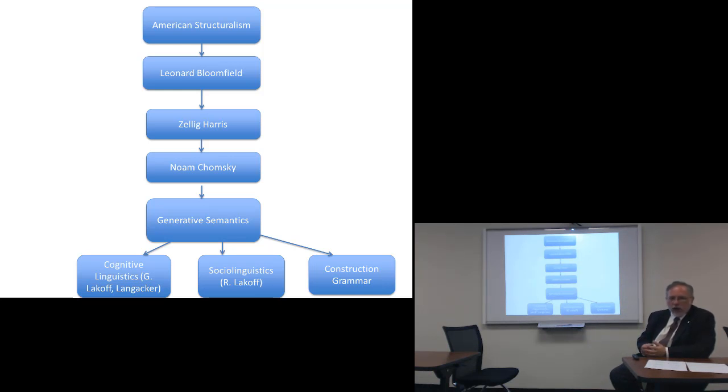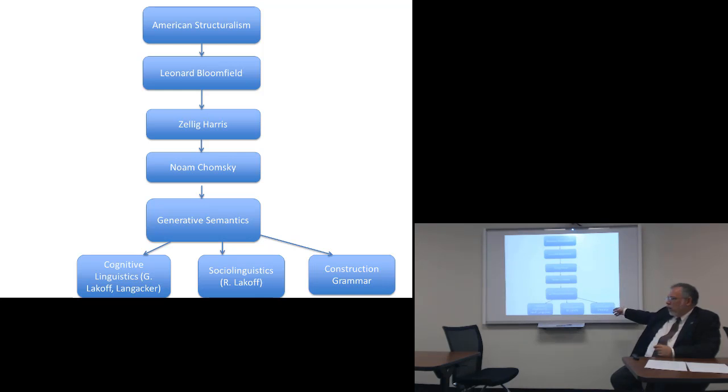I mean, some people did, okay? But most people were reacting to his idea, even if to say I disagree with Chomsky, but they still had to take him into account. Robin Lakoff, who was married to George Lakoff at some point, went off from doing generative semantics to doing sociolinguistics, and she started the whole field of gender and language in 1973.